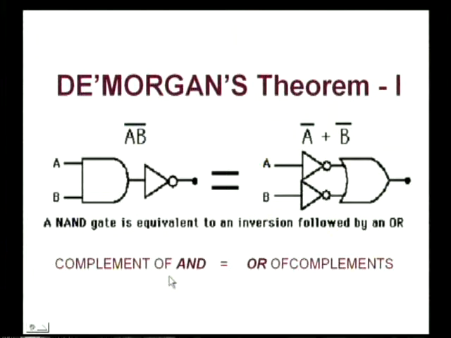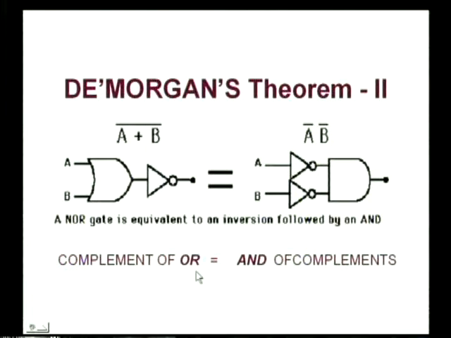The complement of AND is equivalent to the OR of complements. A is turned into A bar, B is turned into B bar, and ORing of them is done. This is De Morgan's first theorem.